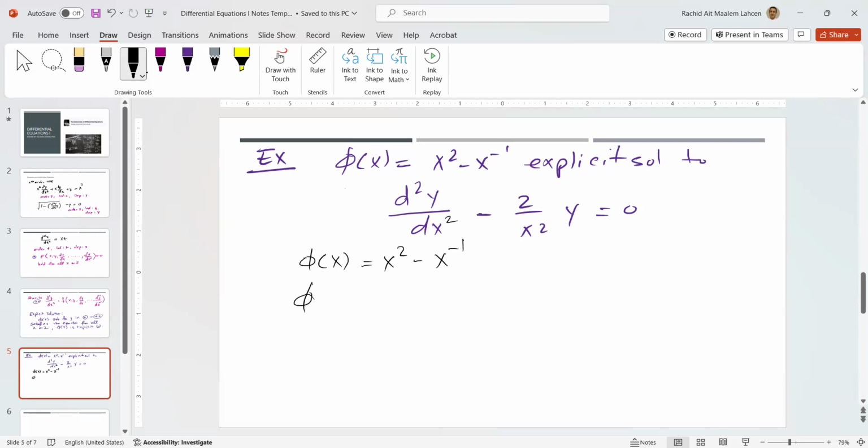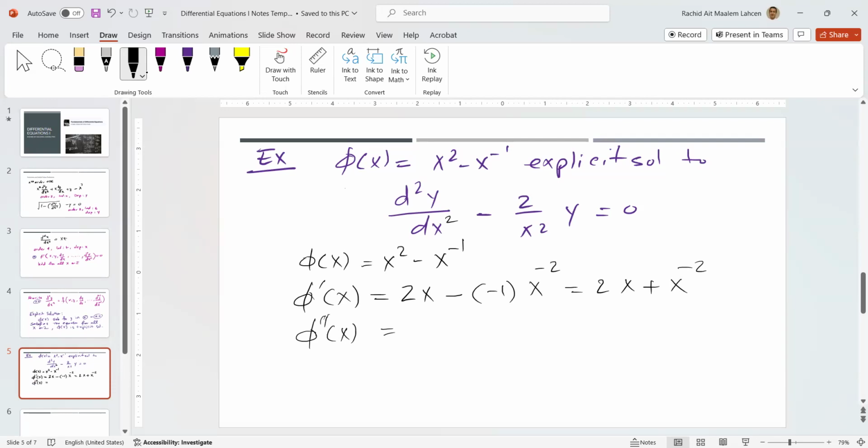All right, power function here, 2x times 1 minus 1 times x to the -1 minus 1, which is -2. Then the second derivative, which is the one that we have here.